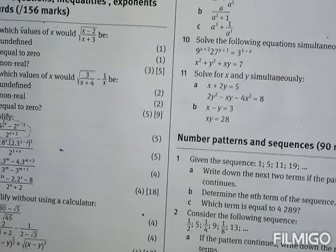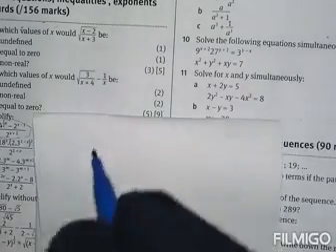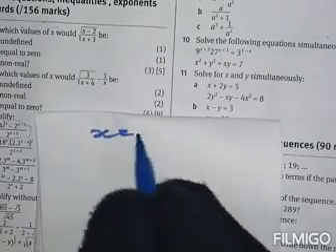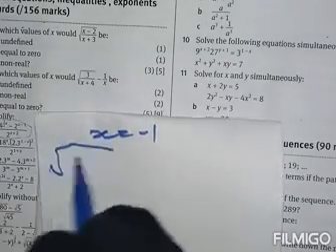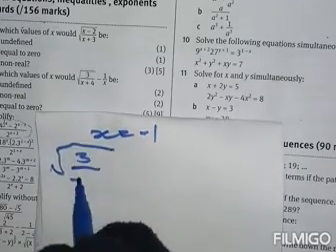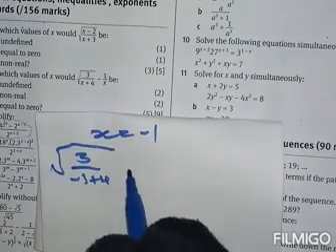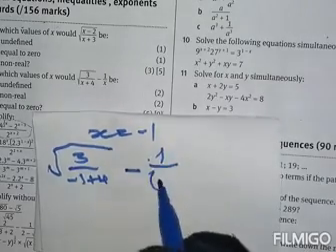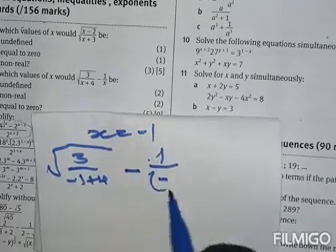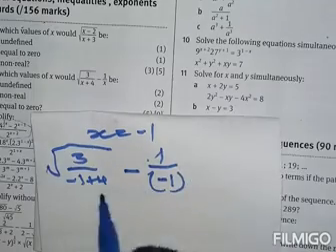Now the other value, which is x equals -1. We can see that we have 3 divided by minus 1 plus 4 minus 1 divided by -1.